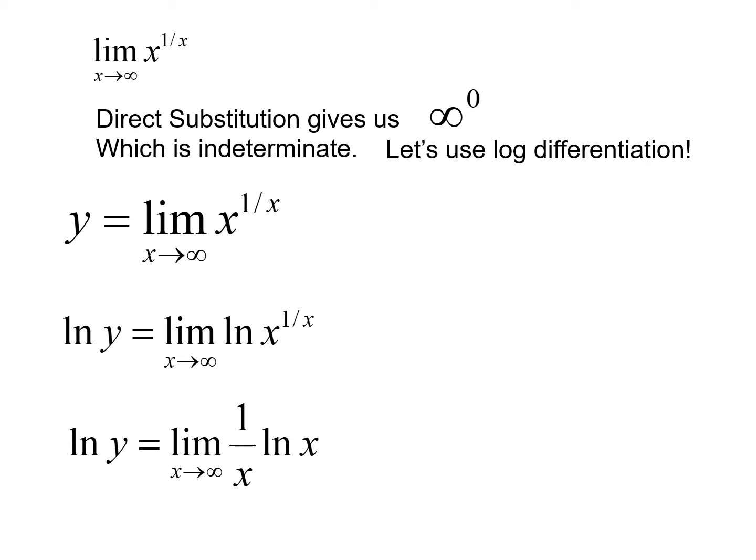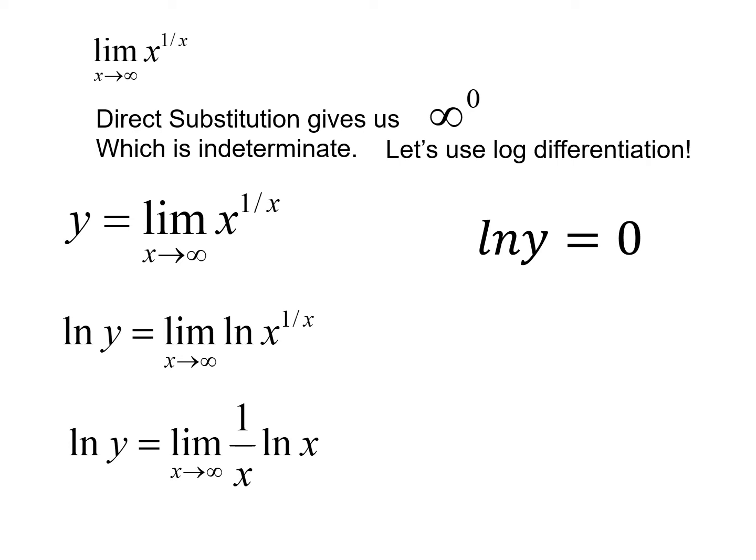And once I've done that, now the natural log of x over x, as x goes towards infinity, that's infinity over infinity. Now we should know by now that that is 0 because x grows faster than the natural log of x. So that limit as x approaches infinity of the natural log of x over x is 0 because x grows faster. So that gives us the natural log of y equals 0.